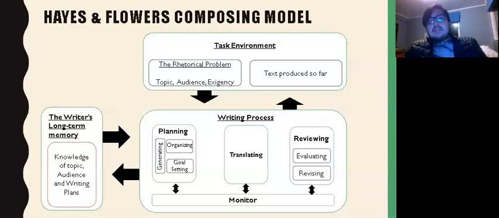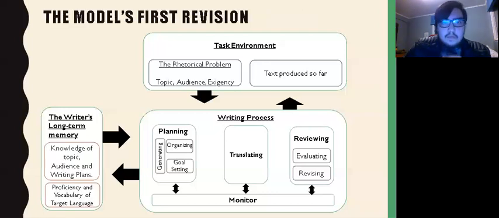So, having understood the Flower-Hayes model, I would like to introduce one of my first revisions to this. For an L2, the first revision I want to talk about is in the writer's long-term memory. Here, for second language writing, we need to account for two things.